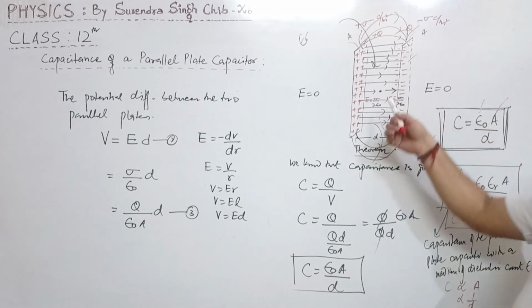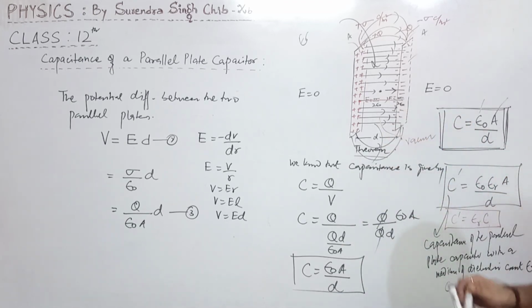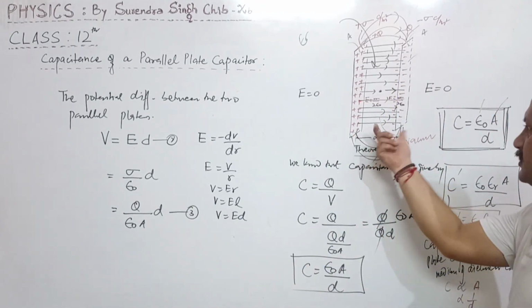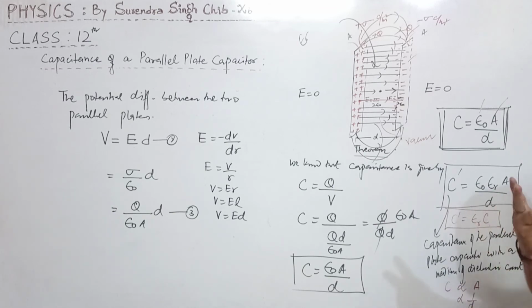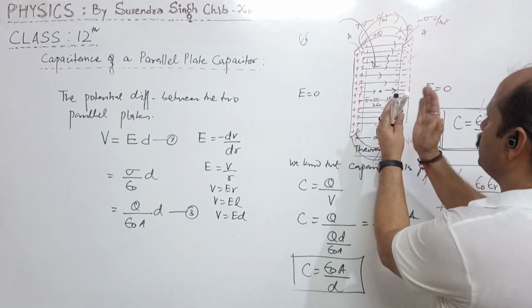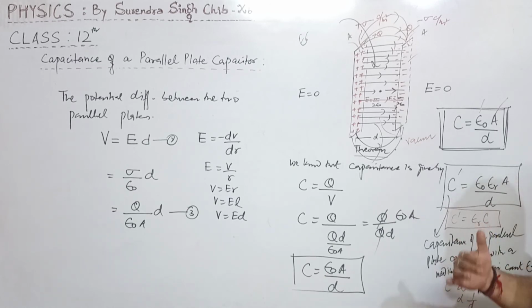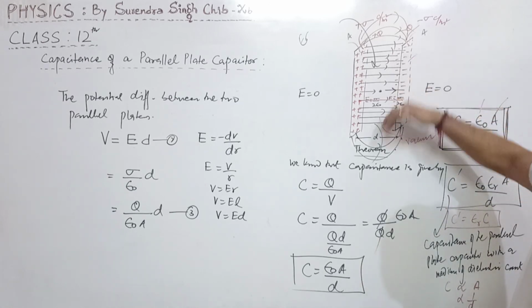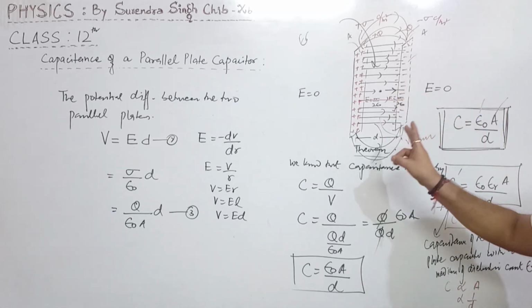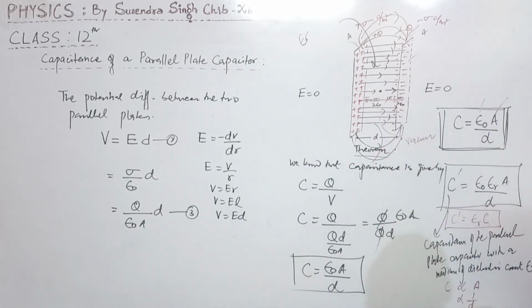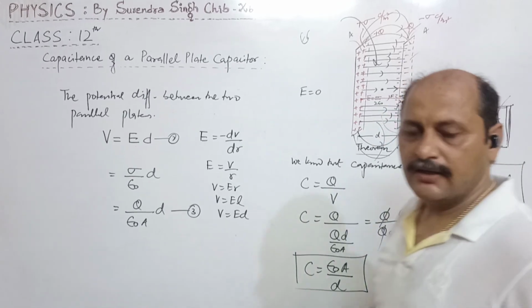So we can increase the capacitance of a parallel plate capacitor by increasing the area of the plates, taking bigger plates, and decreasing the separation distance. Those are two points. The third point: we can replace the medium between the plates with a dielectric medium. Every dielectric medium has a dielectric constant greater than 1. For vacuum it is 1, for everything else it is more than 1, so we can increase the capacitance. So how to increase the capacitance of a parallel plate capacitor? By increasing the area of the plates, by decreasing the separation distance, and by inserting some dielectric medium.